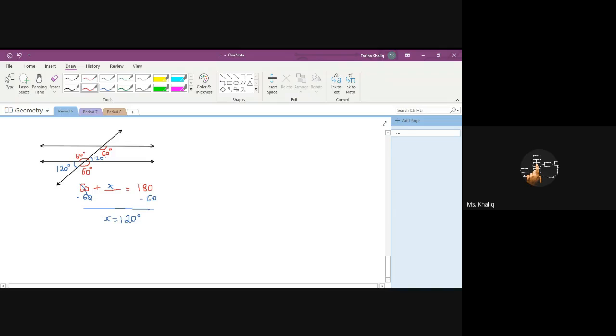Also, we did alternate exterior angles. So let's say this is an exterior angle and its alternate is really this piece up here. We said alternate exterior angles are congruent, which means that this would be 120.